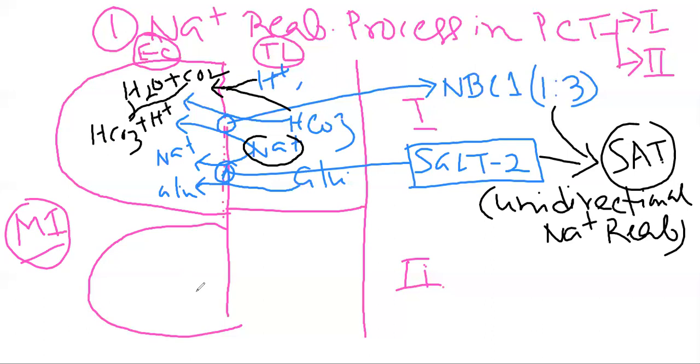Now, what happens? This hydrogen ion will have to come out from the cell, because if it is present within the cell, an acidotic situation will arise, which is not soothing for the cell.